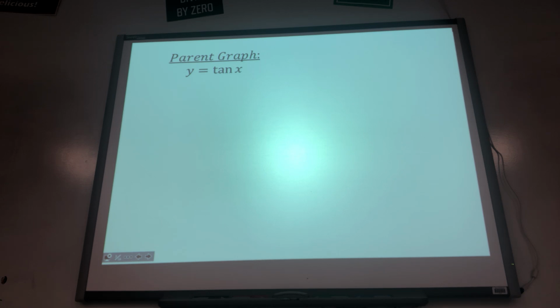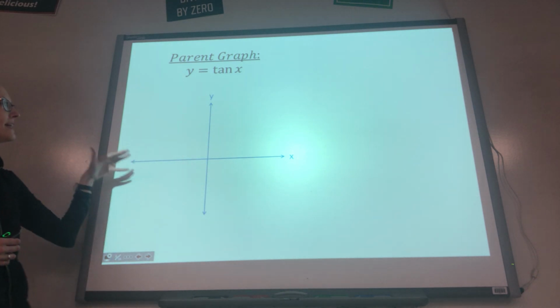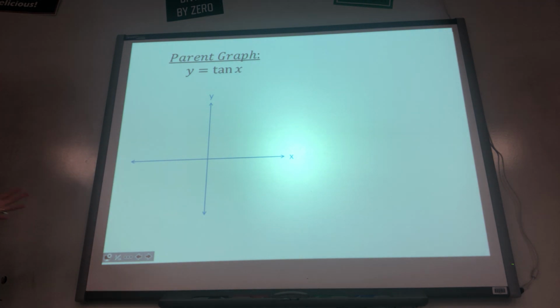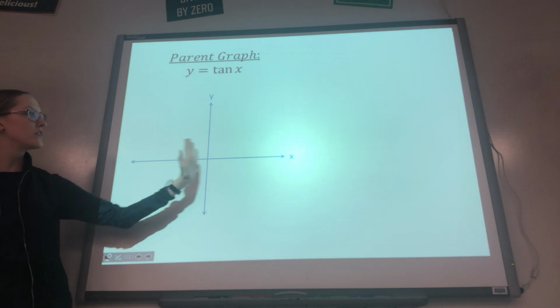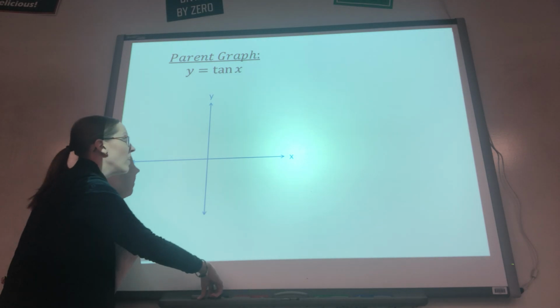So we're going to go with y equals tangent of x first. Now, for your coordinate plane here, it can really be centered around the origin. It's not really shifted over, kind of like the sine and cosine looked like they were more on the right. This one, for the most part, is smack dab in the middle.